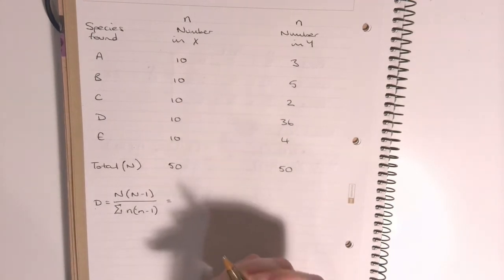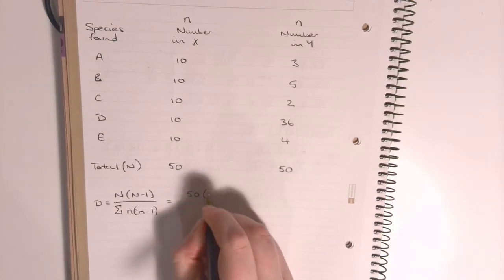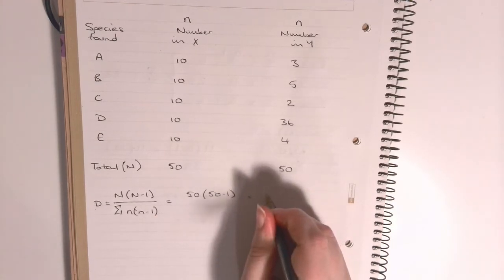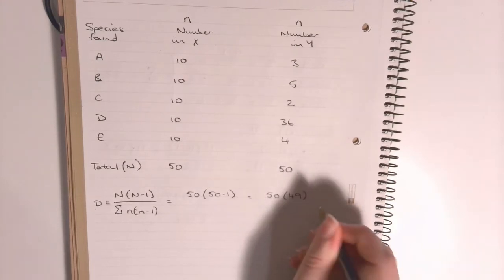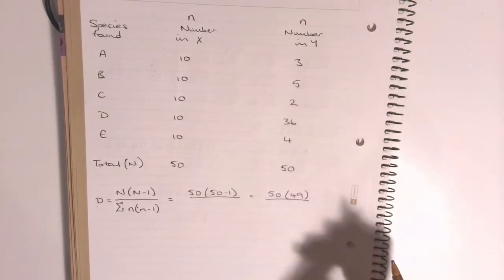So top line first, our total is 50. 50 minus 1, which is the same as 50 brackets 49. And we can come back to that later.